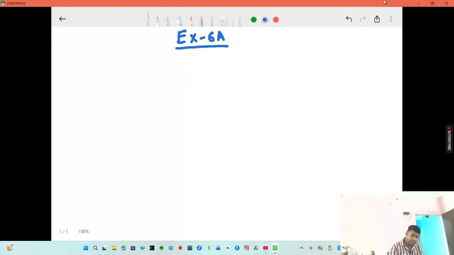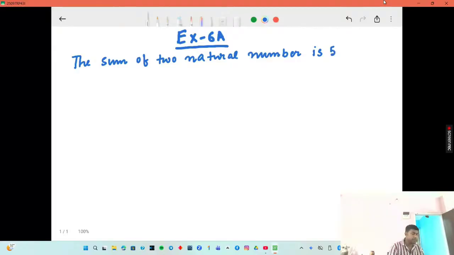So here, what is the first question? The first question is: the sum of two natural numbers is 5 and the sum of the reciprocals is 5 by 6.